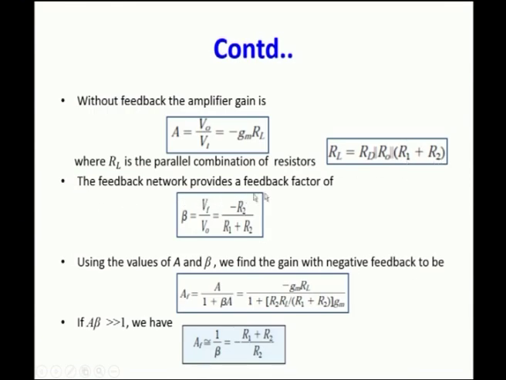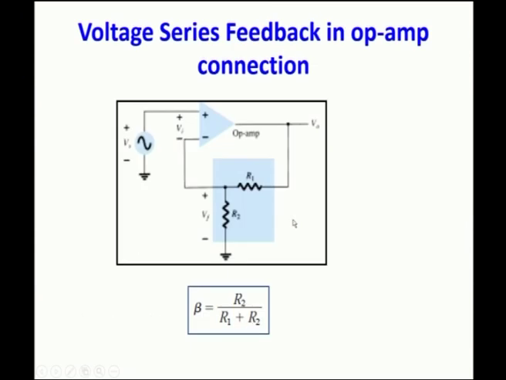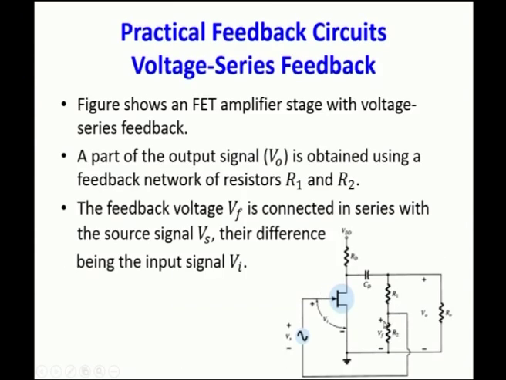The feedback network provides a feedback factor of minus R2 by R1 plus R2. If you give feedback, what is the gain of the feedback network? If you give feedback, then there is a connection at the junction of R1 and R2, and it is given to the input source Vs. So, this is the feedback voltage which is given as the input in series with the source.